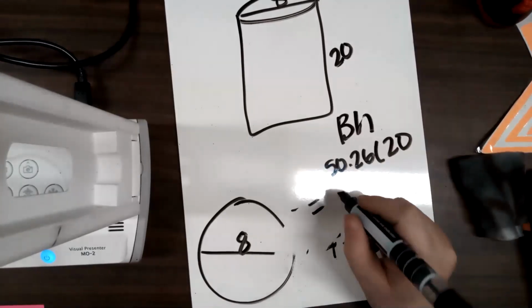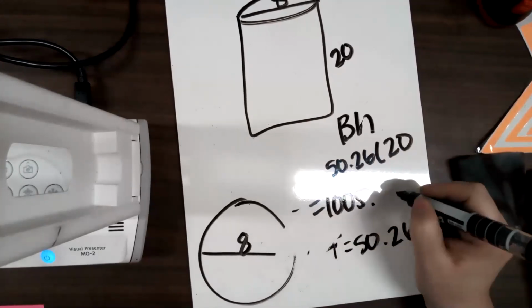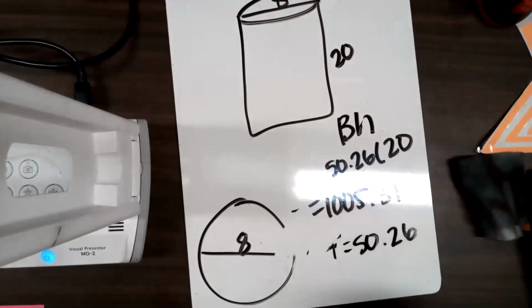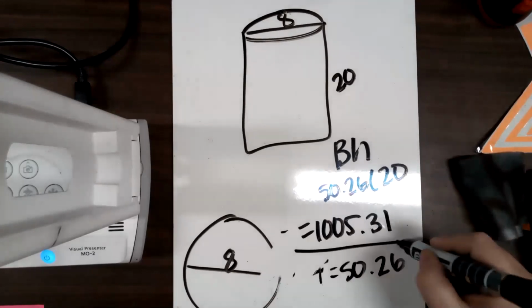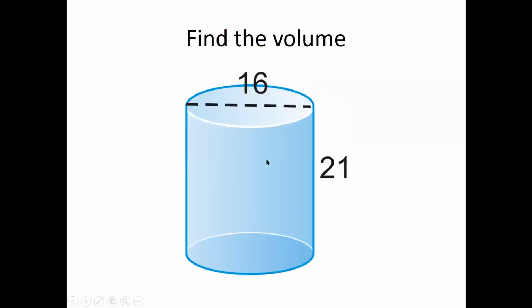And your answer you get is 1005.31. Okay, good. If you did it wrong, I hope that you can see where you went wrong so we can fix it for next time.